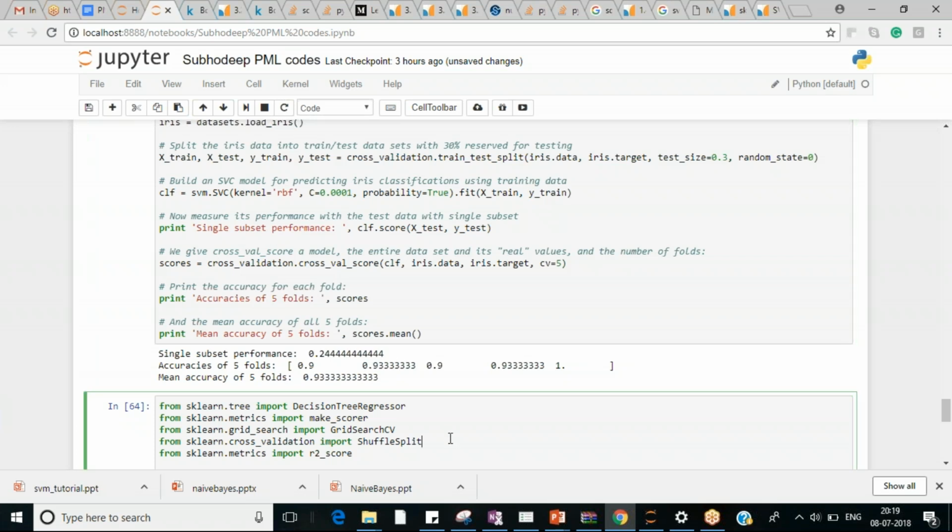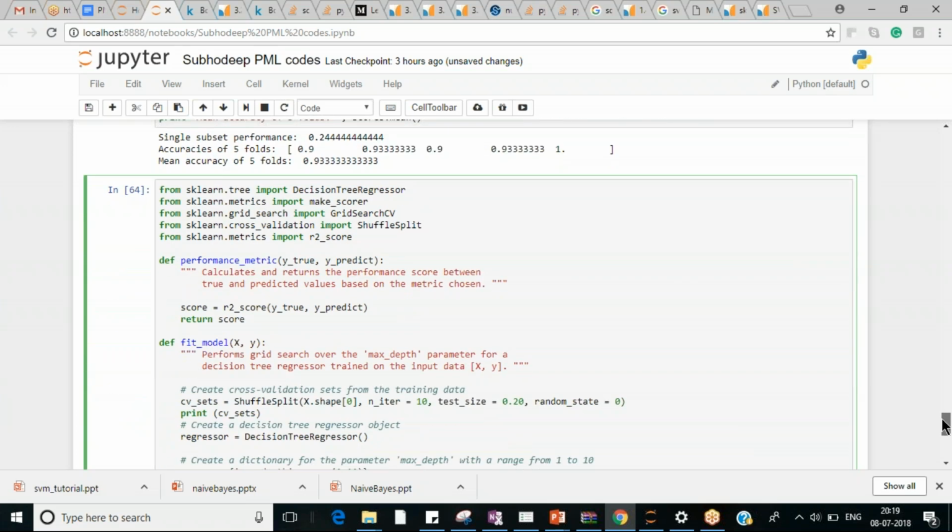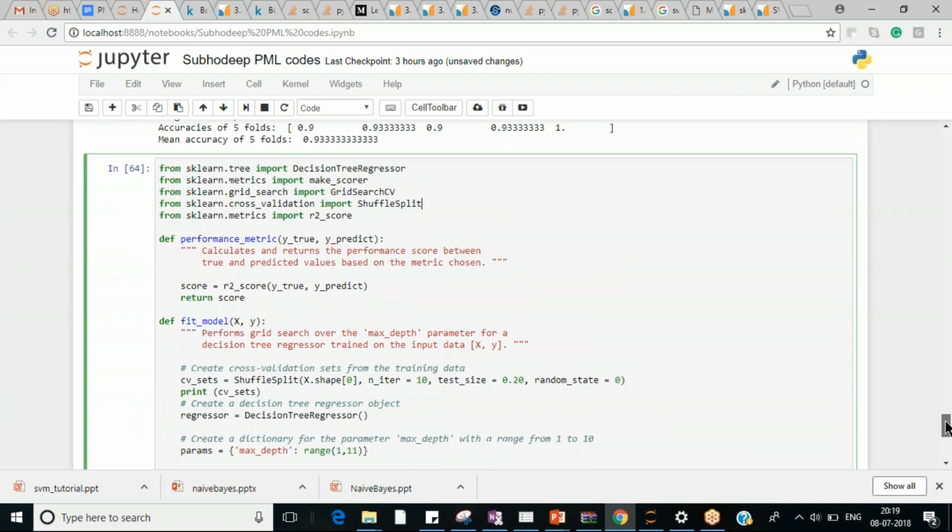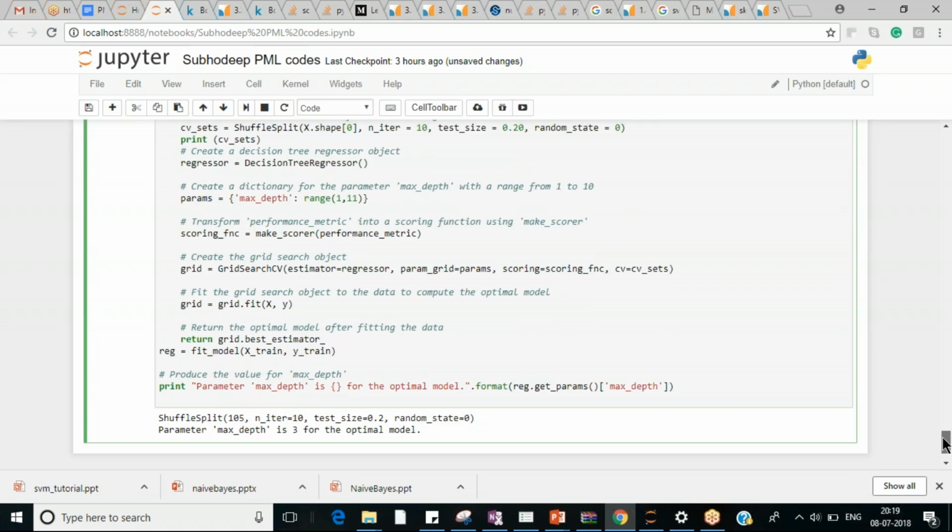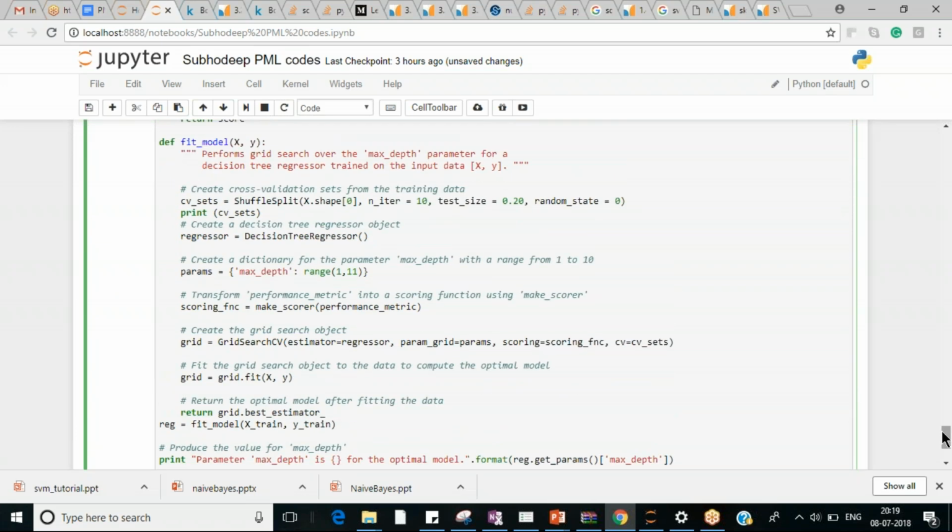Okay, so the last thing that I want to show you here is we have already done the decision tree, but what I wanted to show here is how to do a grid search. Grid search is a function itself in Python. As you can see, this is GridSearchCV. So what do you need?